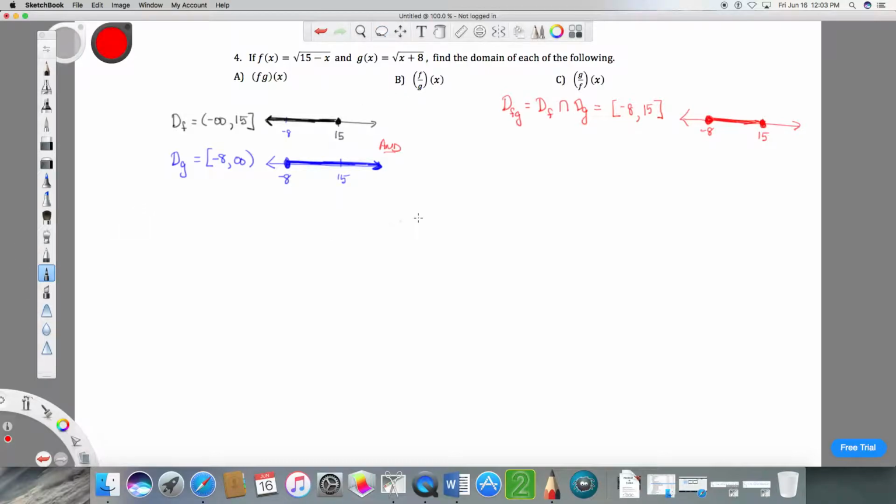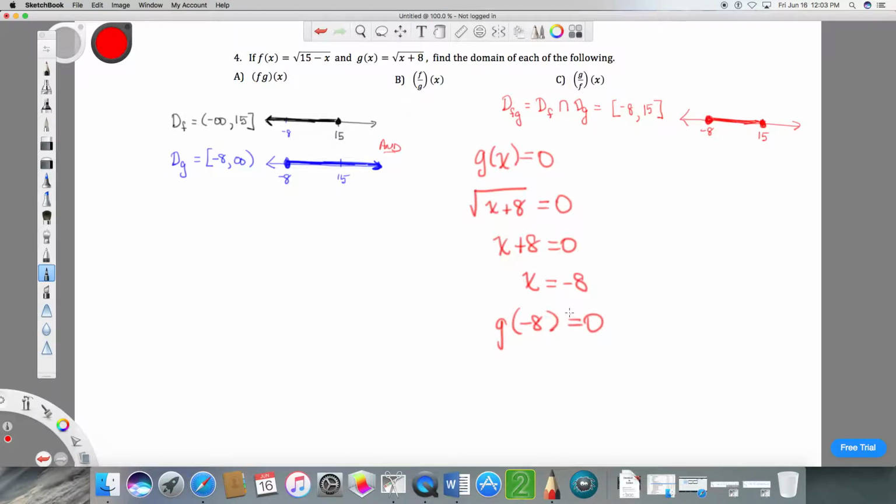So I temporarily let g of x equal 0, so I know what to avoid. g of x is the square root of x plus 8, which means that if x is equal to negative 8, then g evaluated at negative 8 is equal to 0.